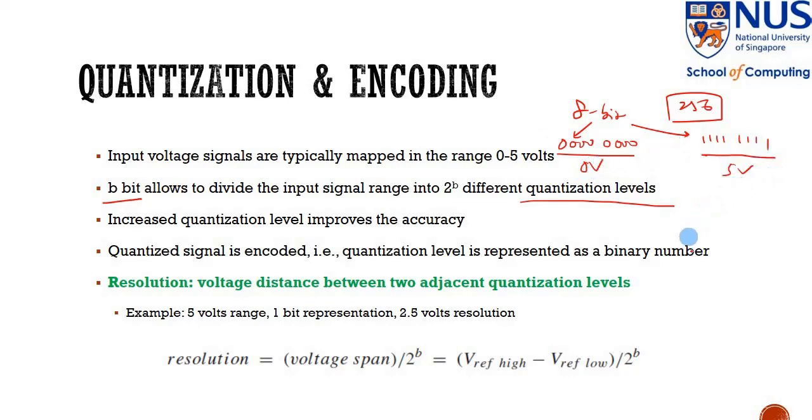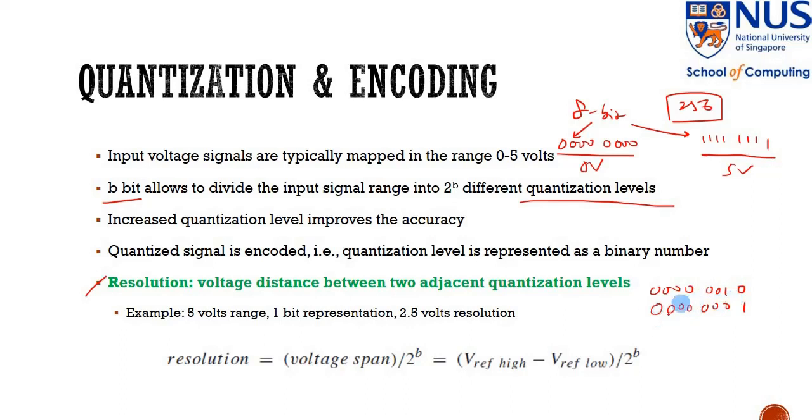That brings us to the next thing, which is the resolution. The resolution is the voltage distance between two adjacent levels. What does that mean? Going back to the earlier example, say I have a signal that is changing, and one sample has a value of 0000 0001 and the next consecutive sample is 0000 0010.